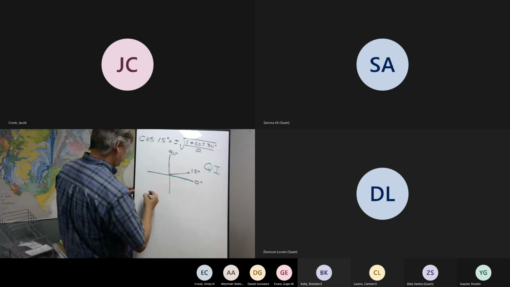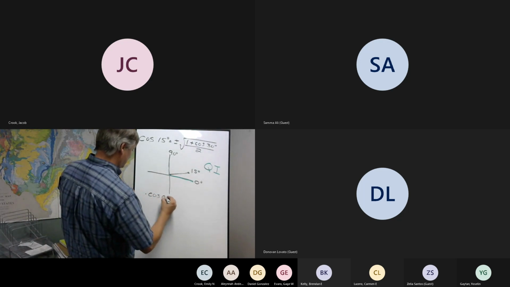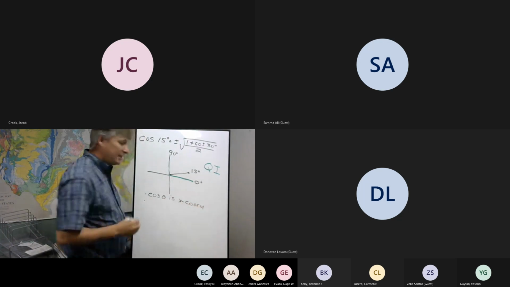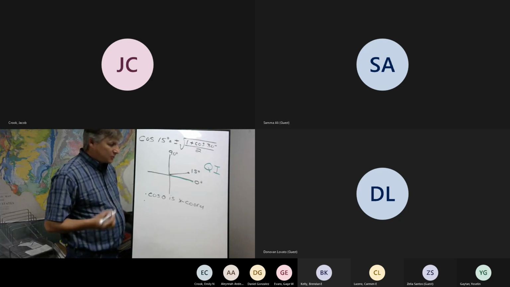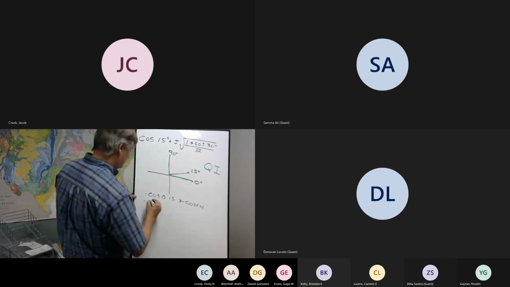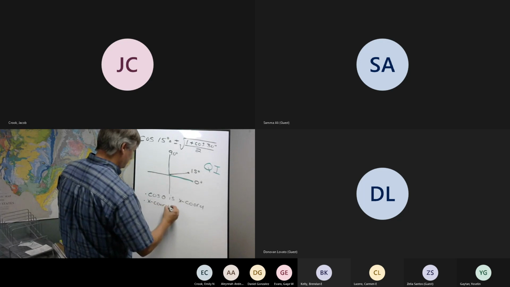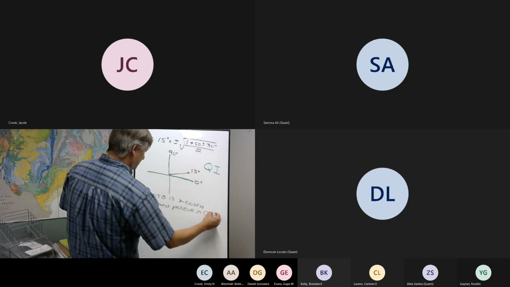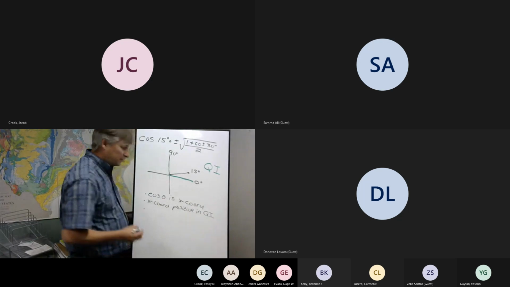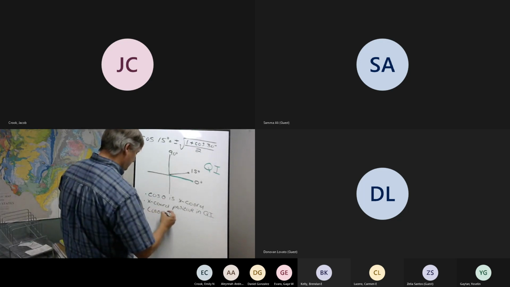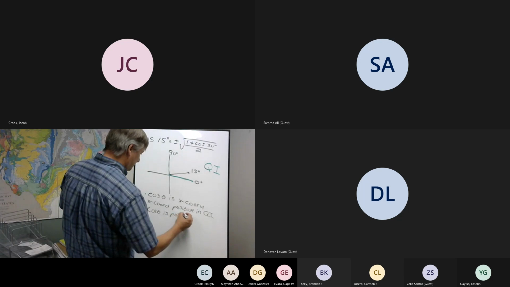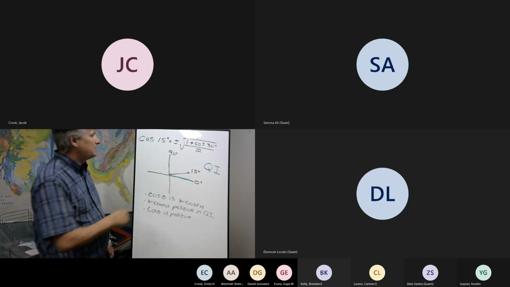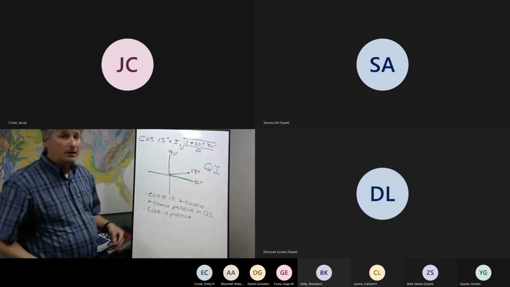The cosine is your x-coordinate. And the x-coordinate is positive in Q1. So that means cosine theta is going to be positive. So that means when choosing between plus or minus, we're going to go with the plus.